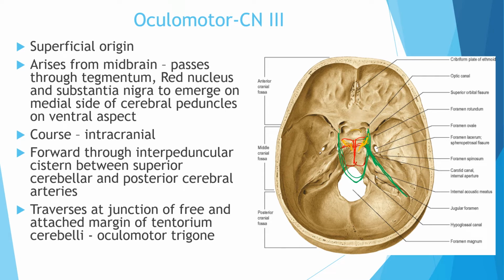So this is the position of the pituitary gland. On either side is the cavernous sinus here, and in its lateral wall this oculomotor nerve will traverse anteriorly. Now it will reach the superior orbital fissure.